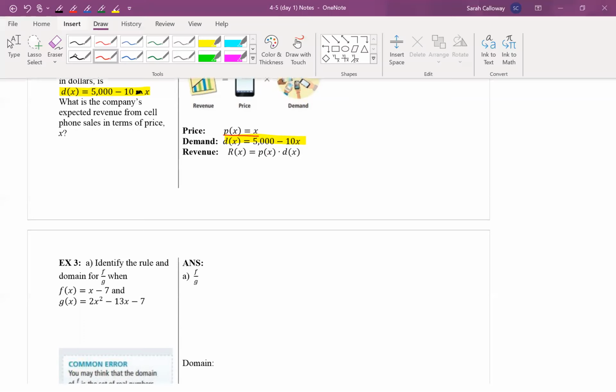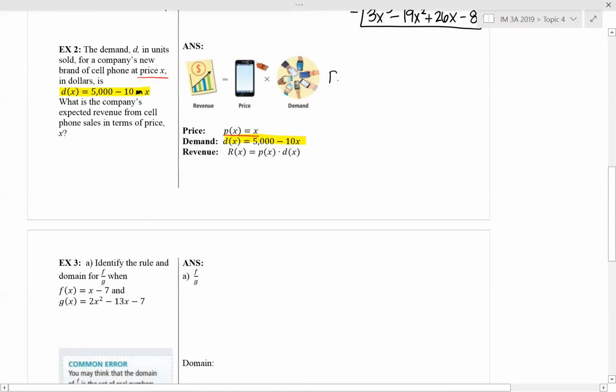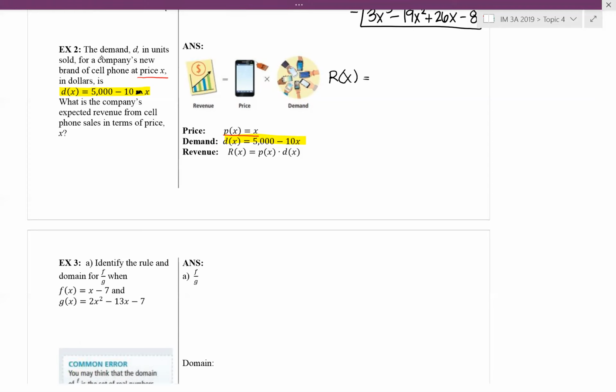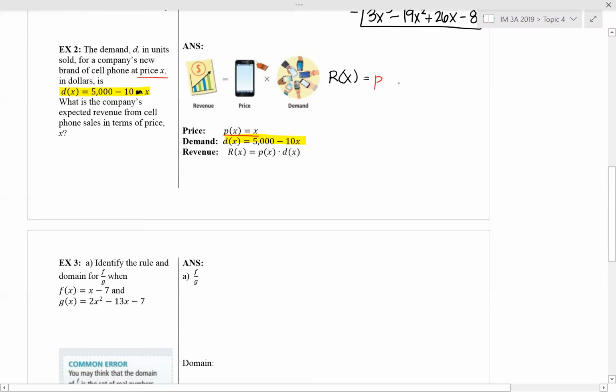So the revenue is equal to the price function, which is just x, times the demand function, which is 5,000 minus 10x.